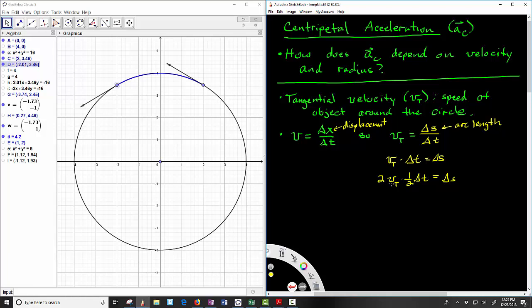That way it cancels out. If I go twice as fast, it's going to take me half the time to cover the same distance. That makes sense: the faster I go, the less time it takes. Conversely, if I go slower, it's going to take me longer to cover the same arc length.